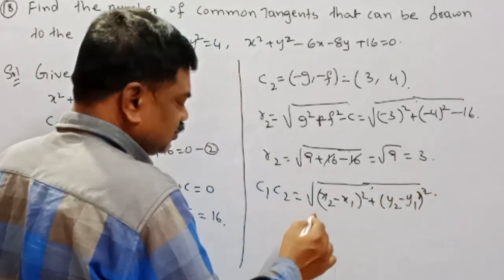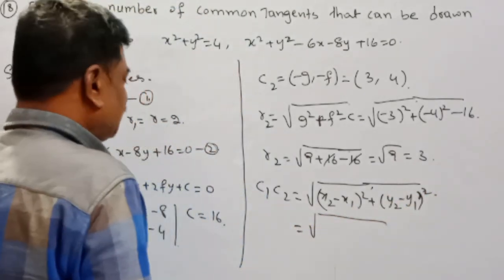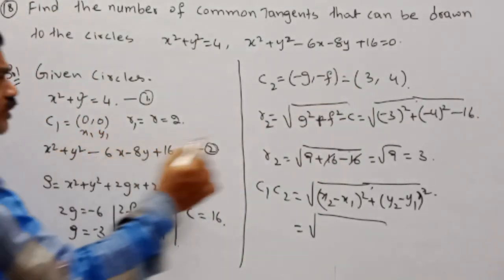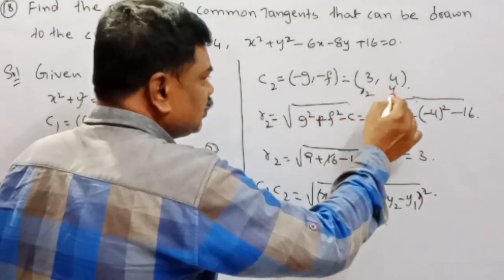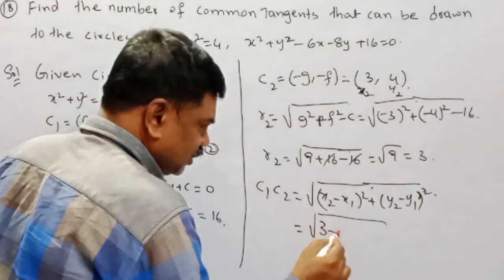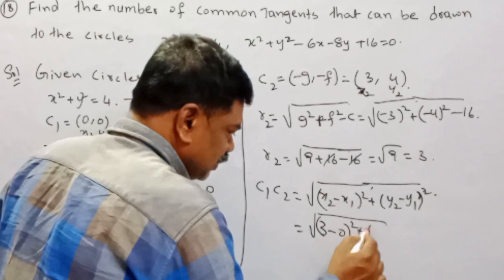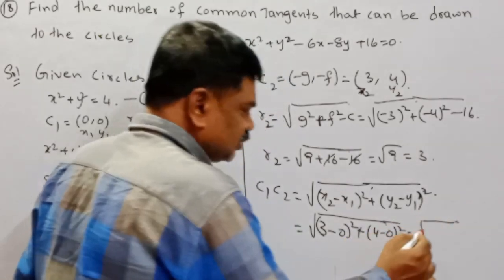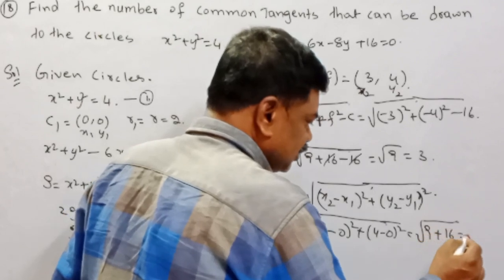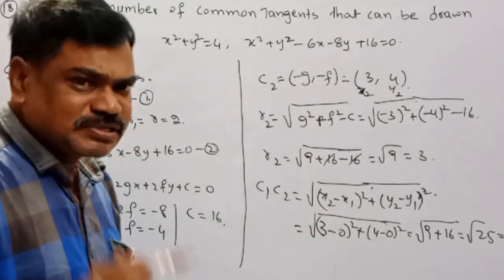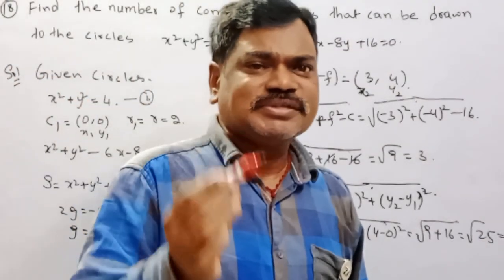Take x1, y1 and x2, y2. That is root over 3 minus 0 whole square plus 4 minus 0 whole square, equal to root over 9 plus 16, is equal to root 25 is equal to 5. So the distance between two centers is 5.